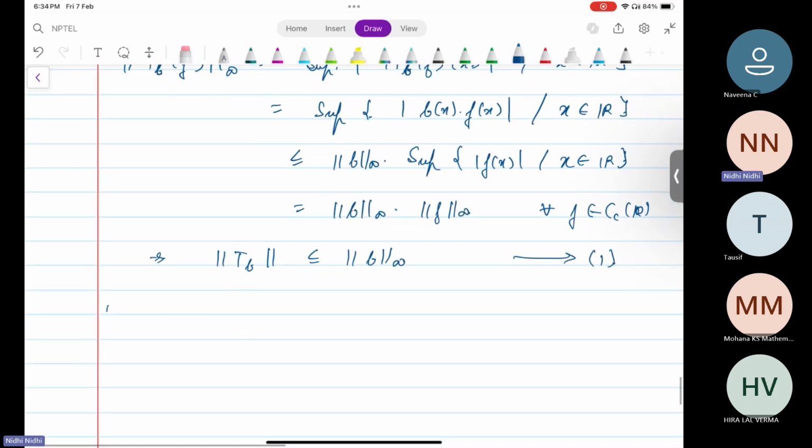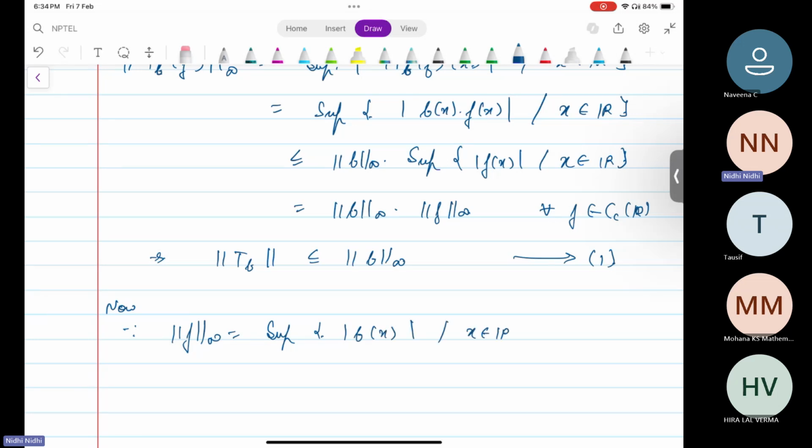Now, we know that this infinity norm is a supremum, so basically we are taking a supremum over some set.